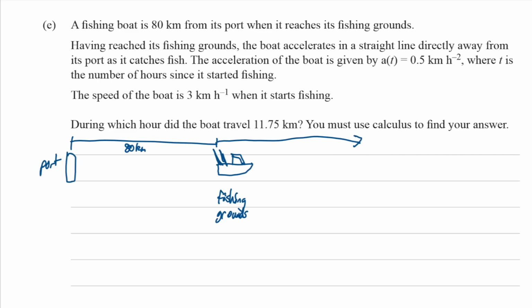Well, let's be honest, this is quite a confusing kinematics problem because there's so many things going on, but we'll break it down. To start, a diagram helps me at least. So we know its initial speed is 3 kilometers per hour when it's at the fishing grounds, right at this point here. So this is like our starting point. That's its initial speed. We also know its acceleration at that time of 0.5 kilometers per hour squared.